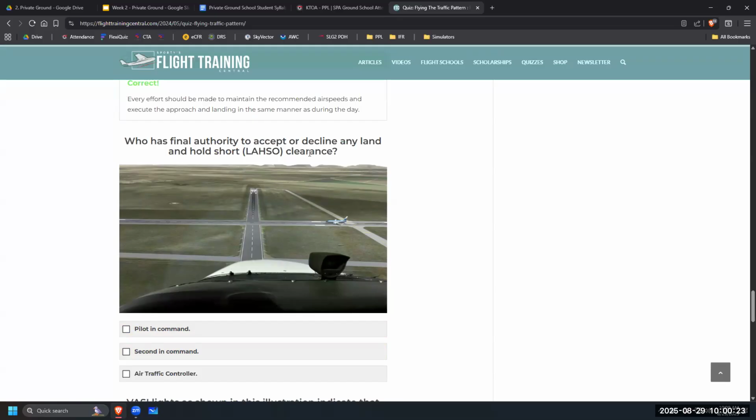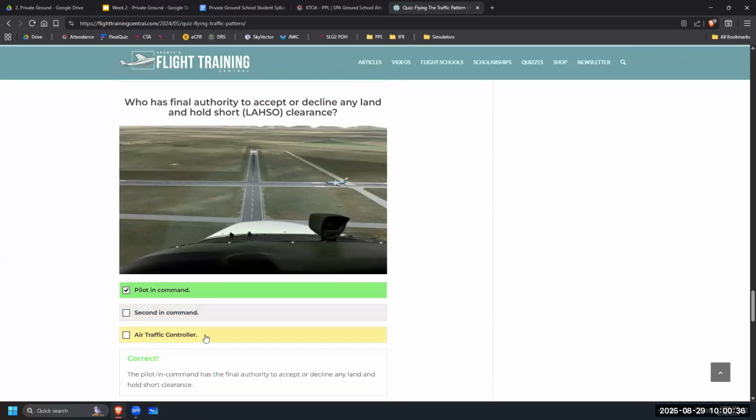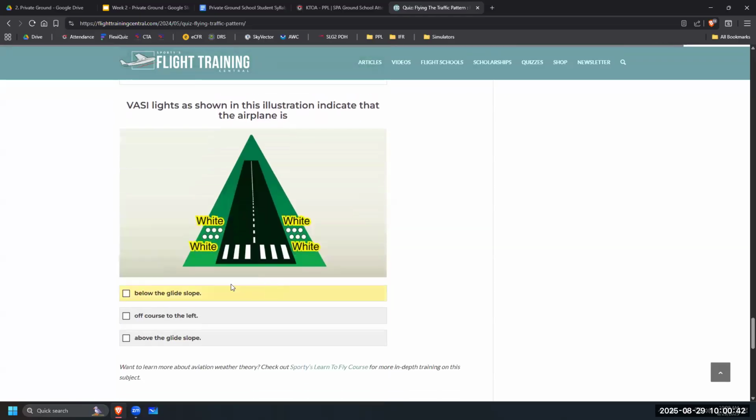So we talk about who has final authority to accept or decline a LASSO clearance: pilot in command, second in command, air traffic controller. Yeah, they can ask for it, but they cannot make you do a land and hold short operation. Okay, last one, I think.